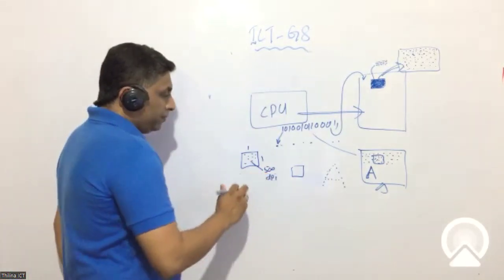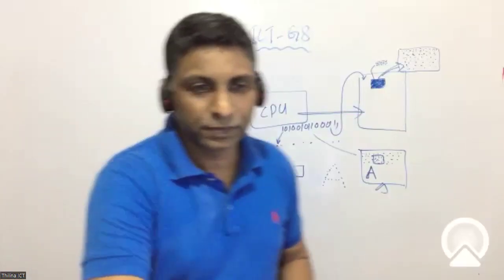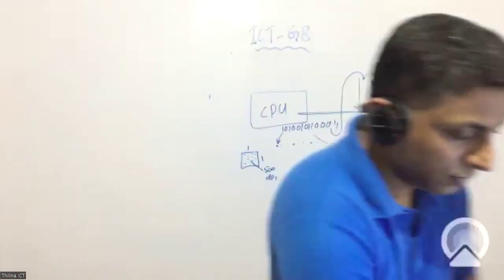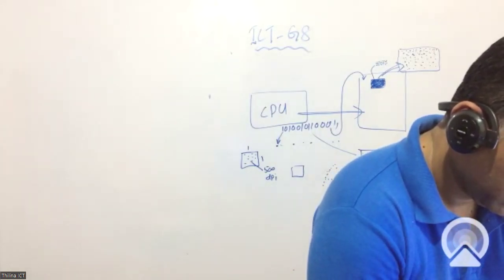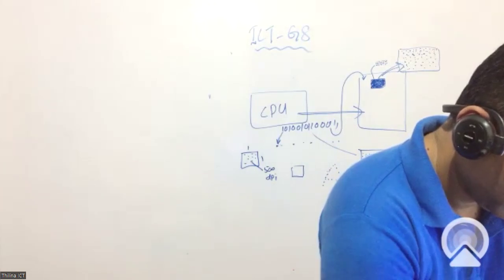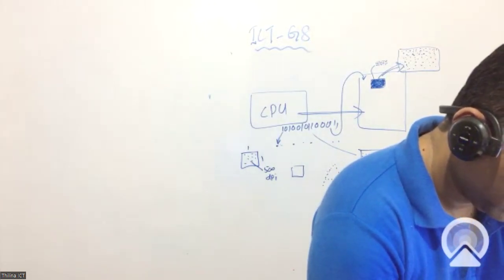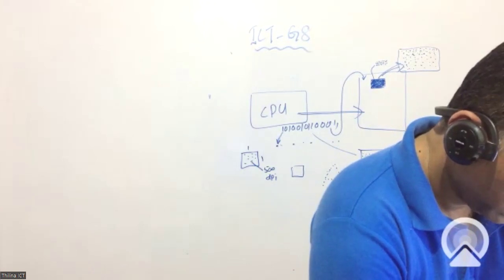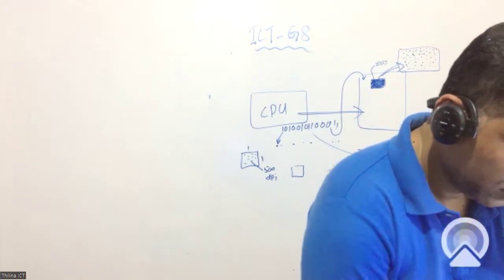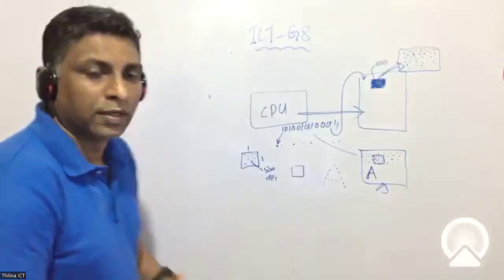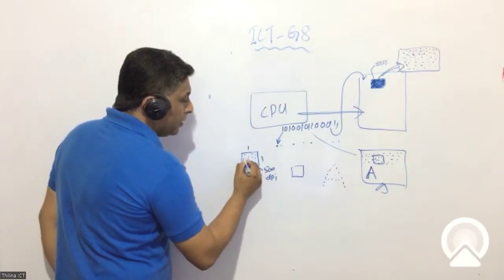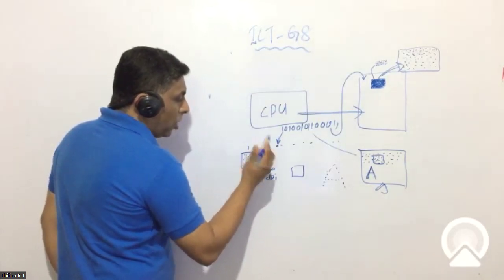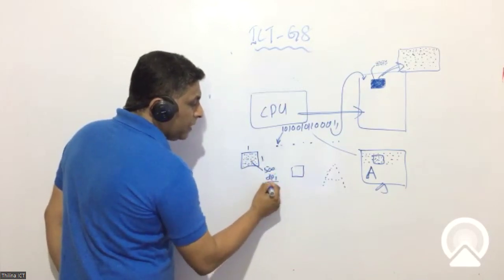So within this area, if you can put 500 dots, that's called 500 dpi.